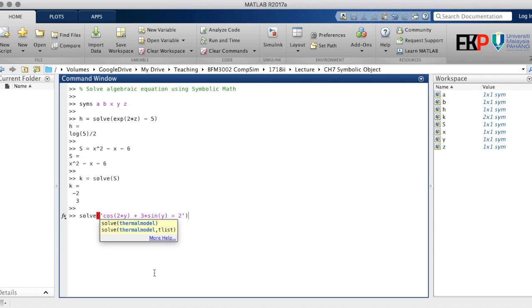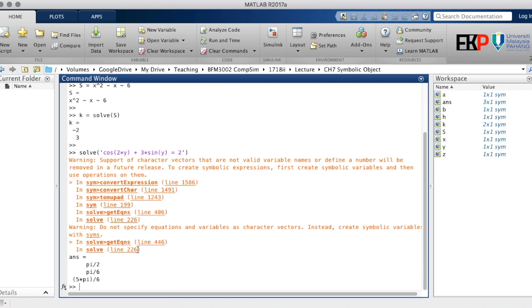So this is our expression: cos 2y plus 3 sine y is equal to 2. We would like to know what the value of y is. We can use the solve command. When we press enter, we see that the answer given is pi over 2, pi over 6, and 5 pi over 6. So these are the values or the answer of y.